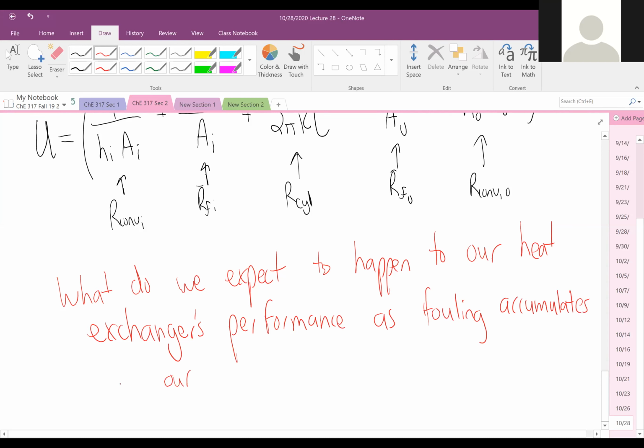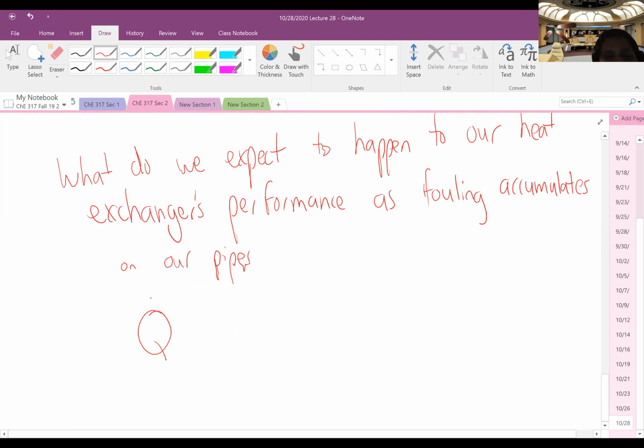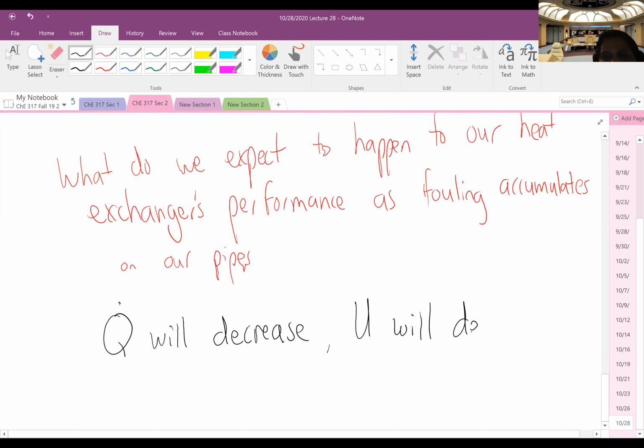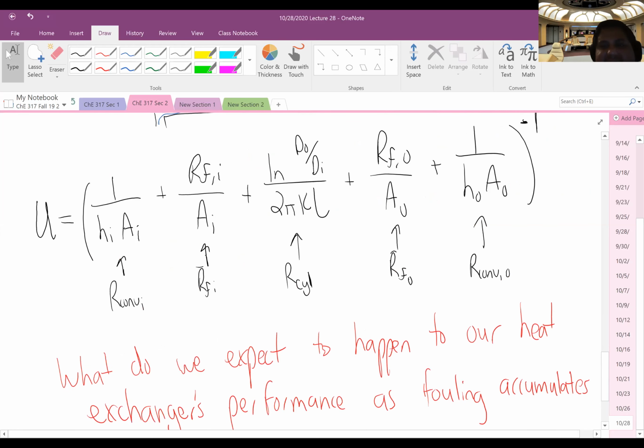All right, so we expect Q to decrease, right? So Q will decrease. Here, I'll use not red. I like using red for questions. I agree, Q will decrease. U will also decrease, right? Because if I'm adding that thermal resistance, adding those new terms, the inverse of that will be a smaller value.